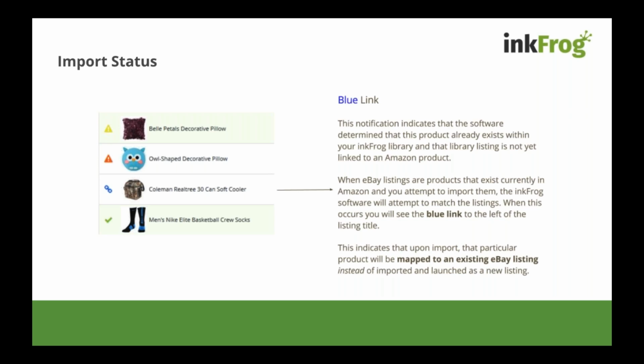However, if something's a little bit different on the Amazon product versus the eBay listing, the system may not automatically catch that the listing already exists, but during the import process, there is an option to select that one and manually link it to the existing eBay listing.